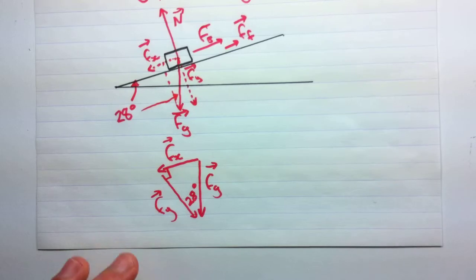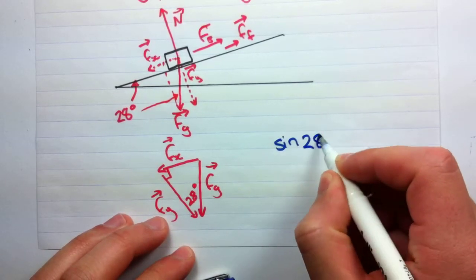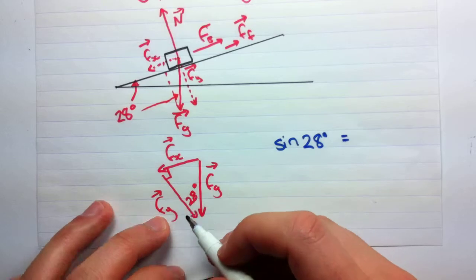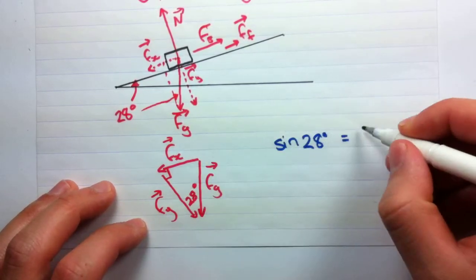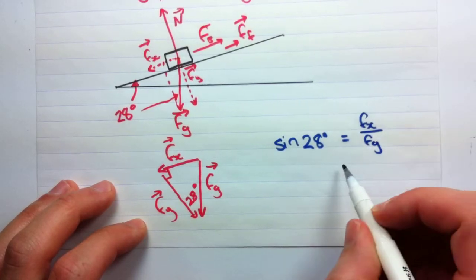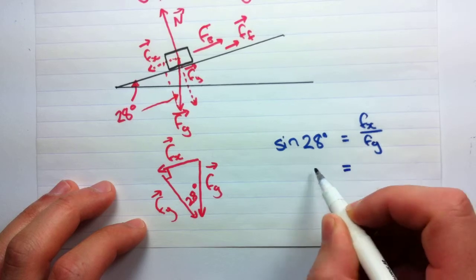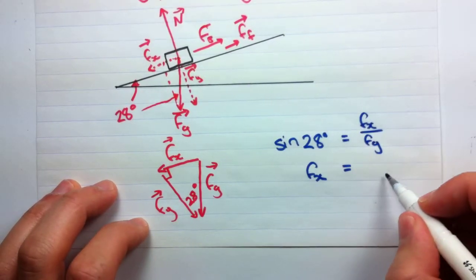Alright, so we're going to look at sine 28 degrees and see what expressions we come up with. It equals Fx over Fg. So that leaves us with Fx equals the weight force times sine 28.